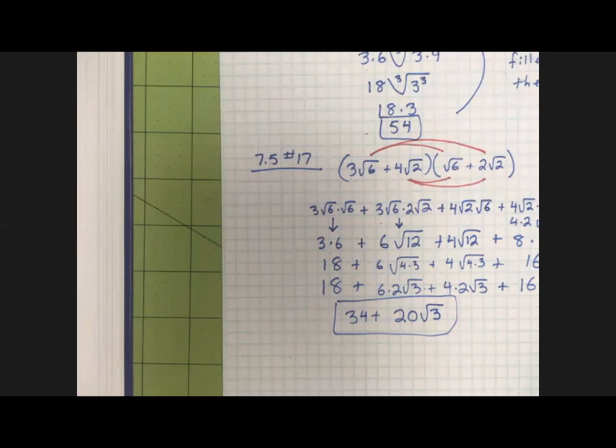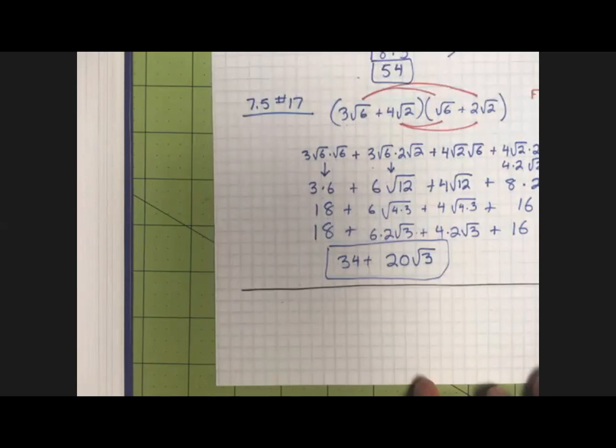Let me show you an entirely different game here. This game that I'm about to show you is the last level of sophistication in simplifying radicals. So I've said to you, you simplify radicals by combining like terms.